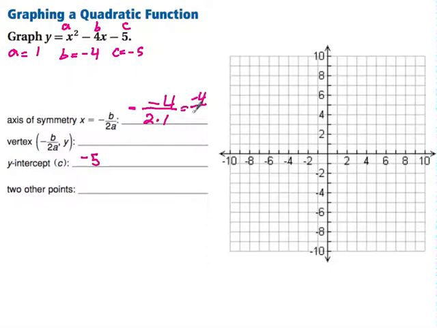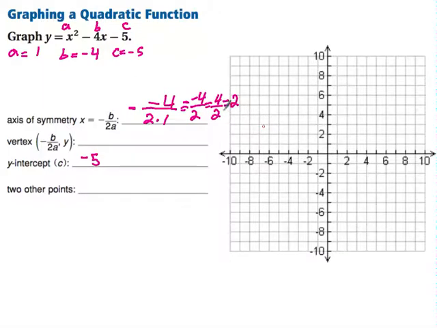So -4 divided by 2, don't forget the negative on the outside. Negative and negative is positive, so 4 divided by 2. 4 divided by 2 is 2. So x here equals 2.